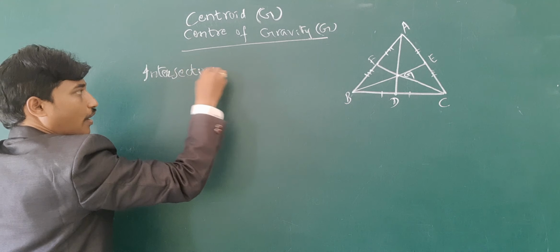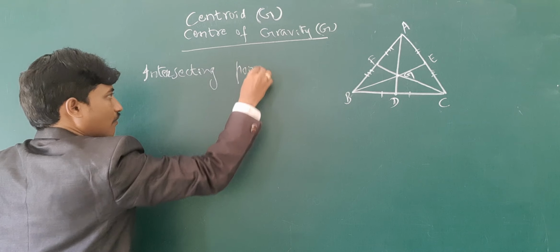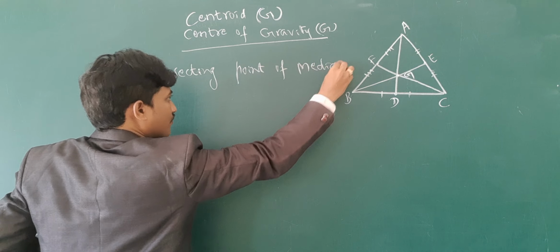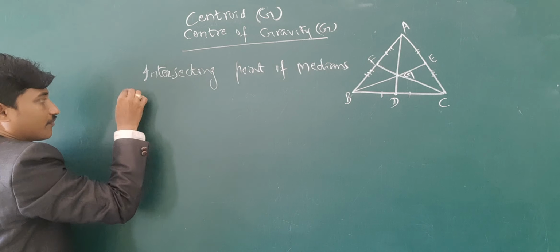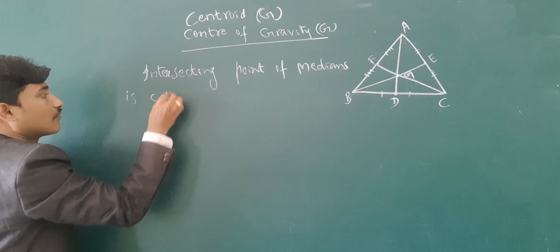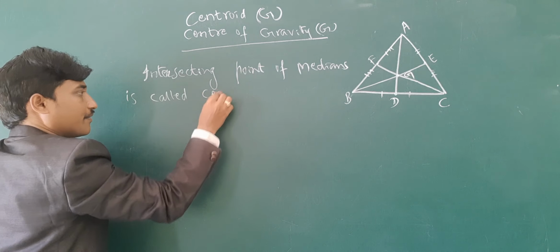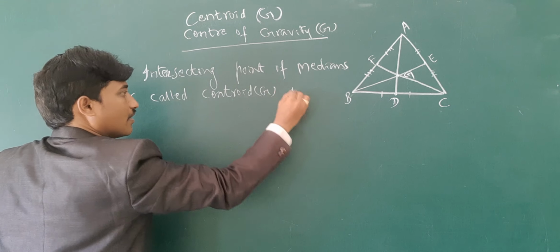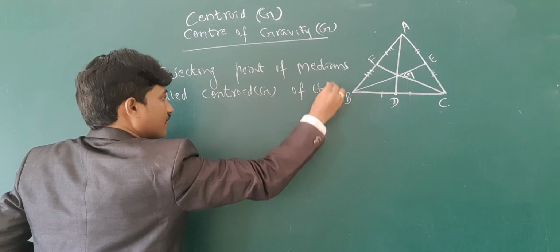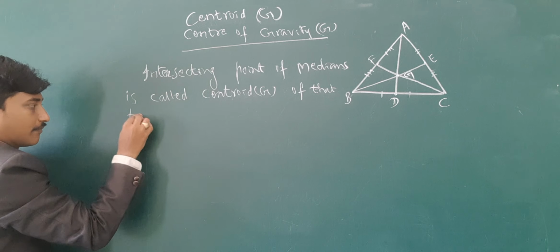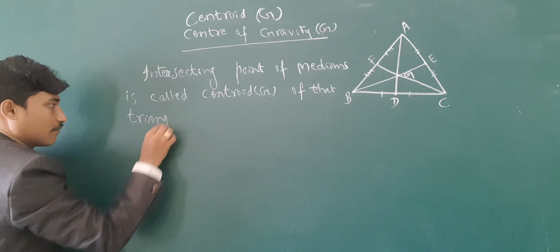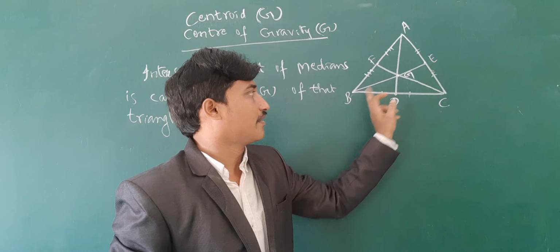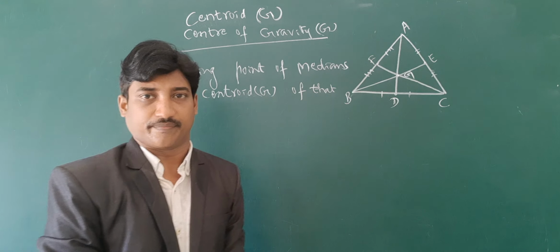The intersecting point of medians is called the centroid G of that triangle, and the centroid lies on all three medians.